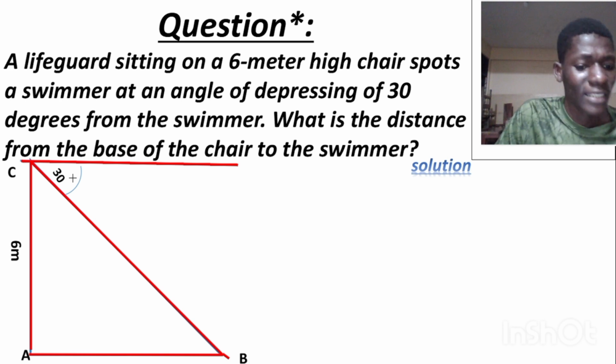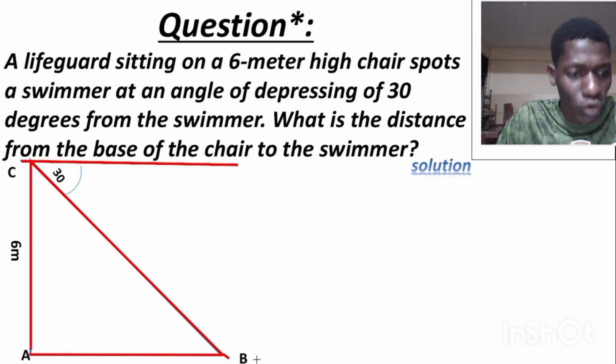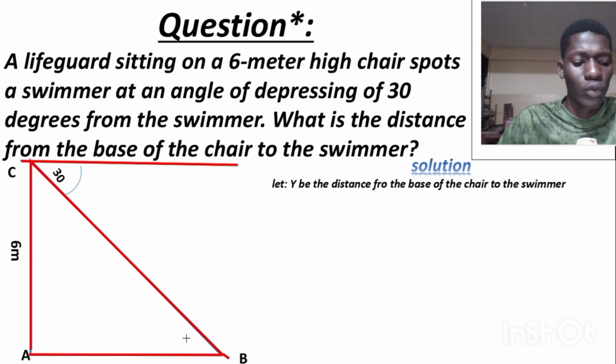So we are saying that alternate angles are equal. So this angle here should be equal to this angle here. So we can equally bring this 30 to this place. Let y be the distance, so here should be the distance.